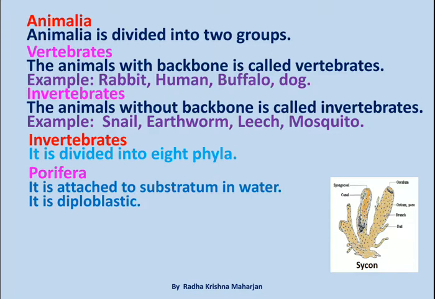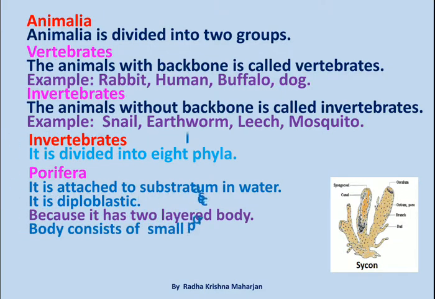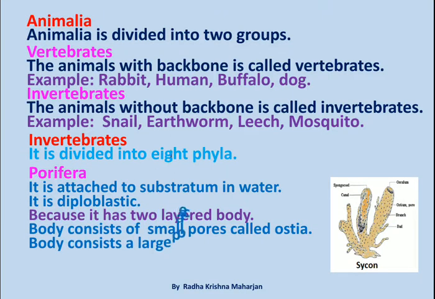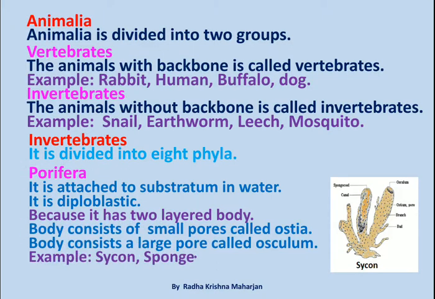It is diploblastic because it has two-layered body. Body consists of small pores called ostia. Body consists of large pore called osculum. Example: Cycon, sponge.